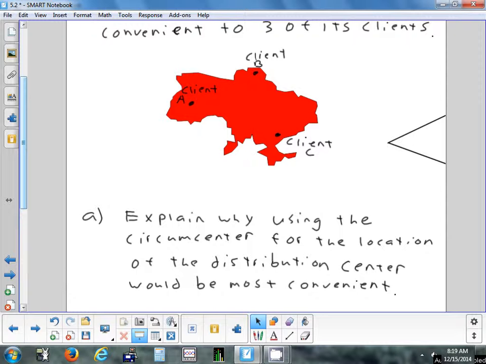We don't know that the distance between the clients are the same. But we're kind of getting there. The circumcenter is equidistant from the vertices, and the clients are the vertices. Exactly, yeah. Your clients are basically the vertices of a triangle. And if you want a point that's equidistant from all your clients, that would be the circumcenter, because the clients are your vertices. We'll write that down.